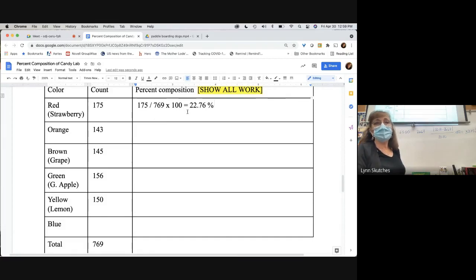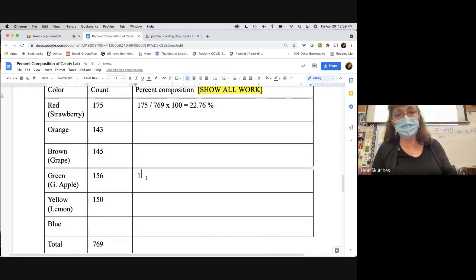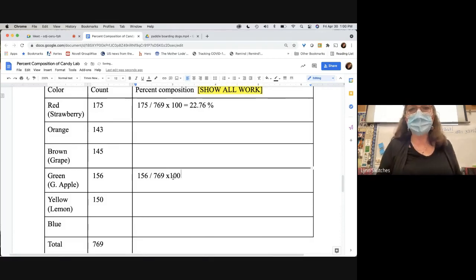So since the reds are higher than expected, you probably expect that the other colors will be lower than the 20%. Let's see what green is just for the heck of it. Orange and brown, they're really similar. They're both around 18.86. Hundredths place. 18.86.